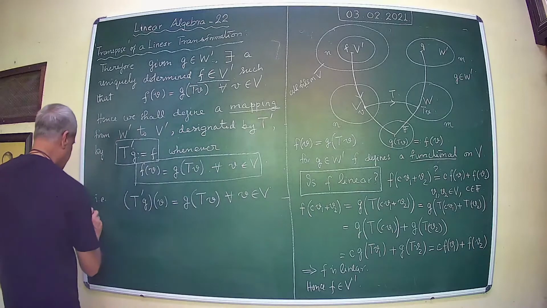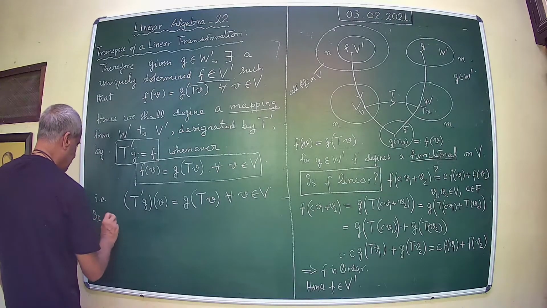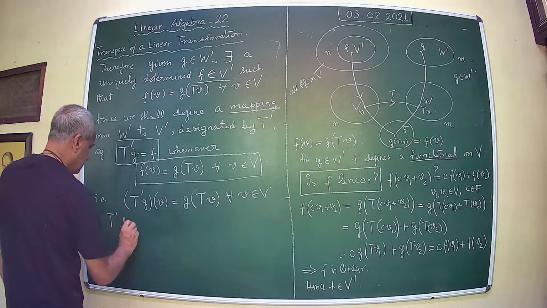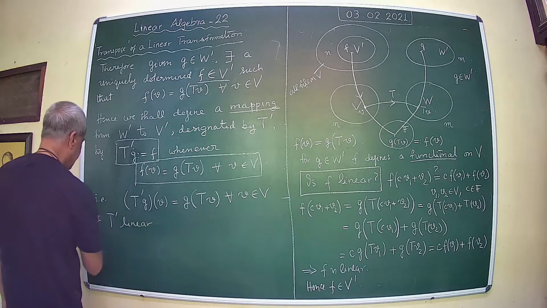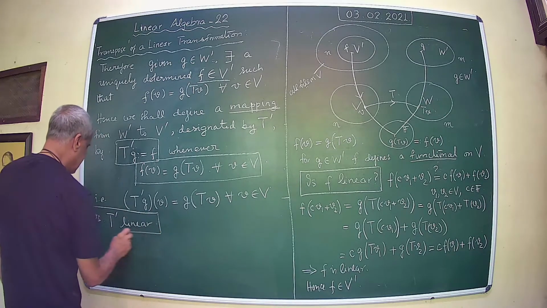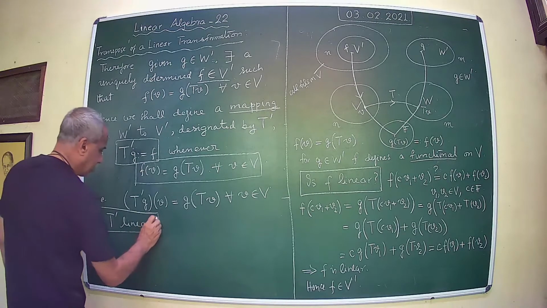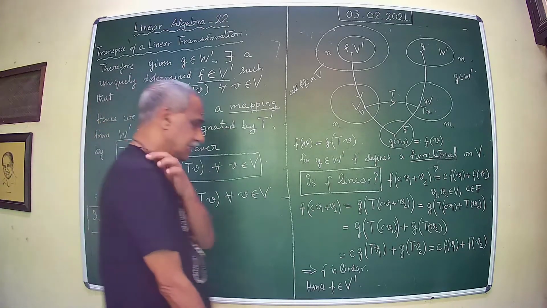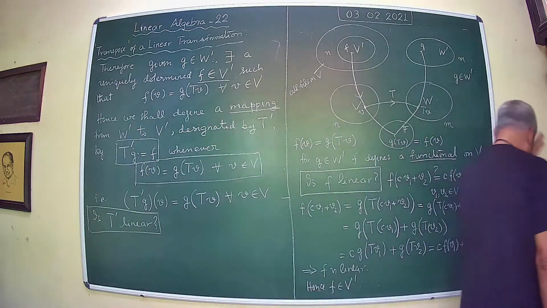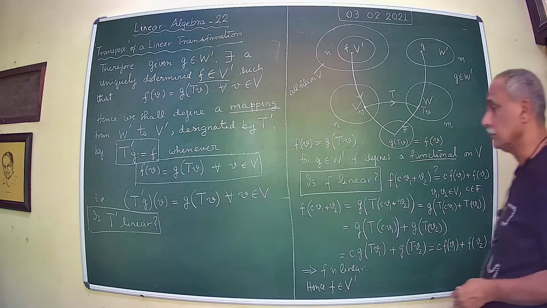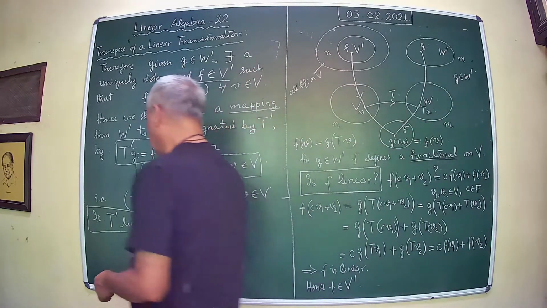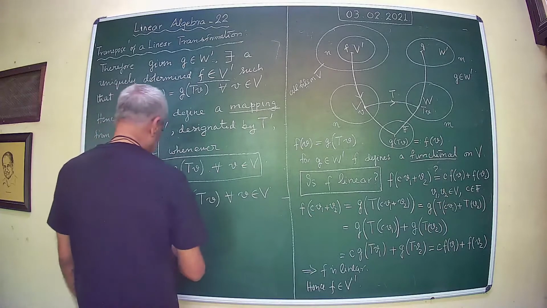Is T prime linear? Because linearity is there at all stages and at all levels, we expect T prime so defined also to be linear. So what you have to do? You have to check this again.